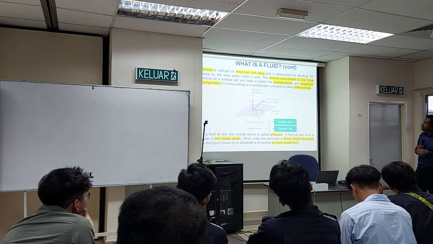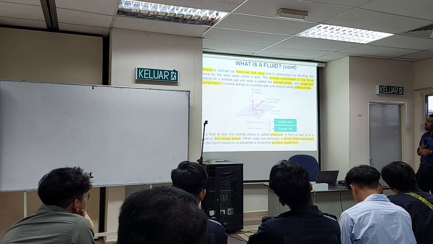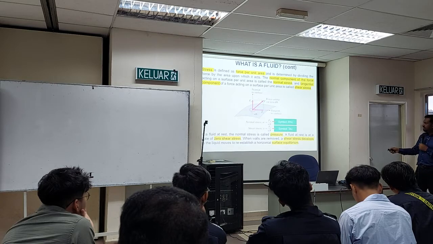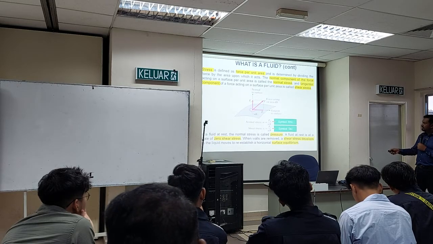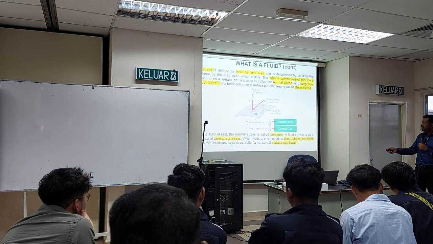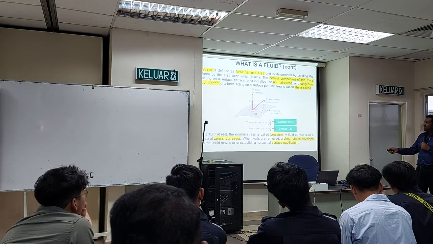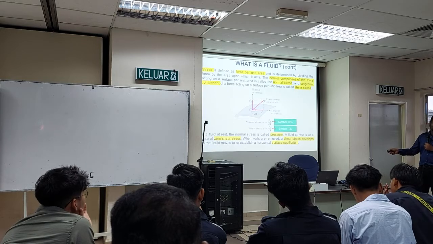Okay, so the normal component of the force is called normal stress. So kalau you tengok dekat sini gambar ni, you have an area and you are applying a force. Okay, benda ni you pernah tengok kan dalam fizik. So normal and also tangential. So normal force adalah Fn and tangential force adalah Ft.